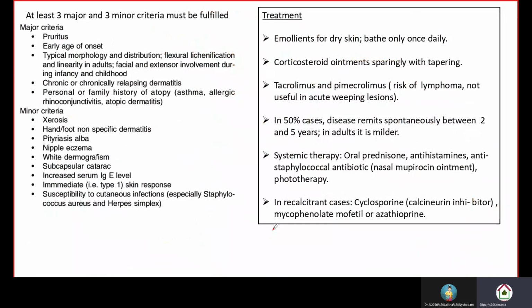Hanifin and Rajka diagnostic criteria is this: at least 3 major and 3 minor criteria must be fulfilled out of this list. So go through this list. Major: pruritus is very important, early age of onset, typical morphology and distributions, chronic and chronically relapsing dermatitis, and personal history or family history of atopy.